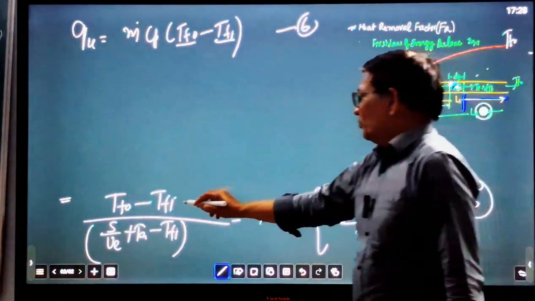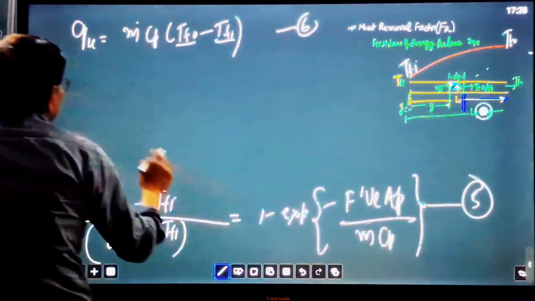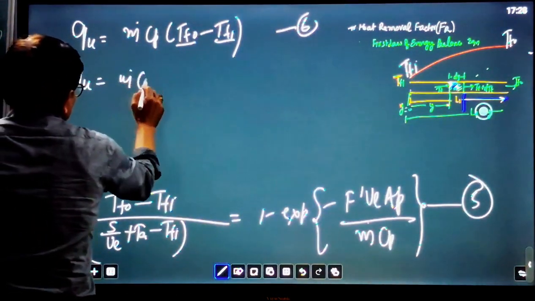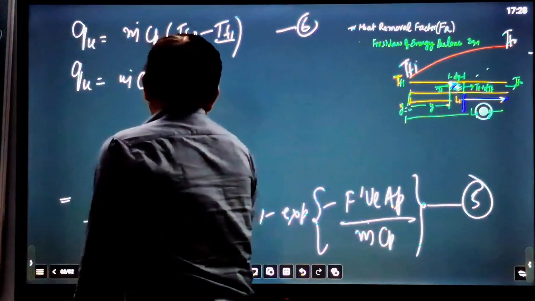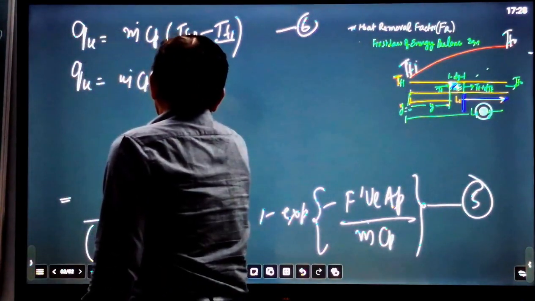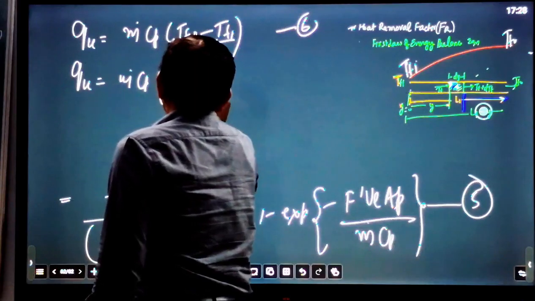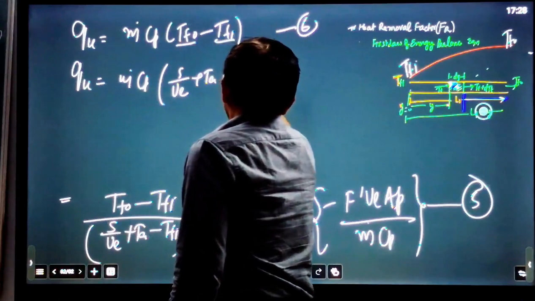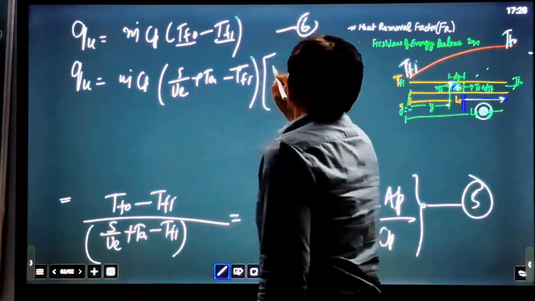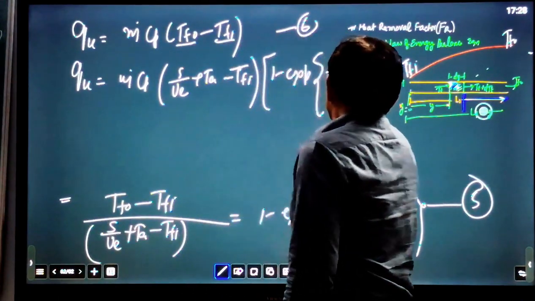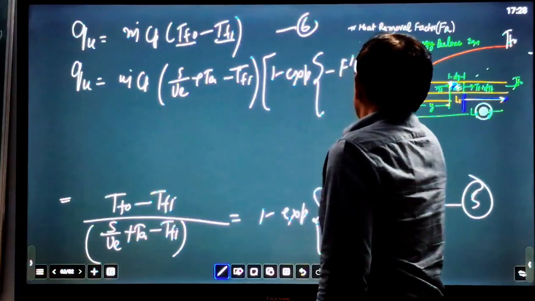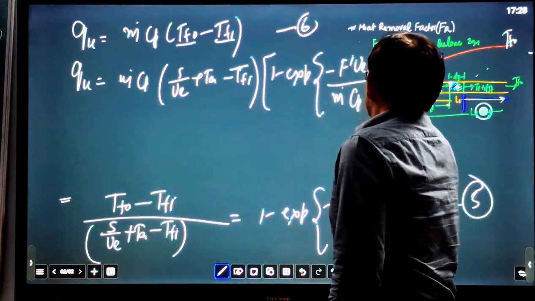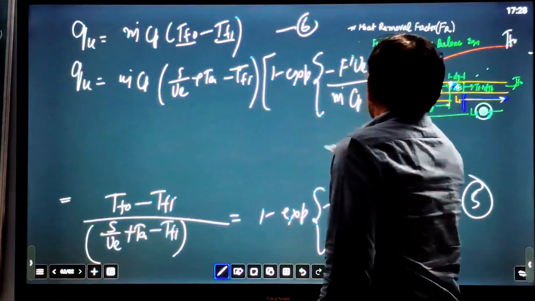Putting this value of TFO minus TFI from equation number 5 here, QU becomes m dot Cp, and this becomes S upon UL plus TA minus TFI, and in bracket 1 minus exponential minus F dash UL AP upon m dot Cp, bracket close and full bracket close.